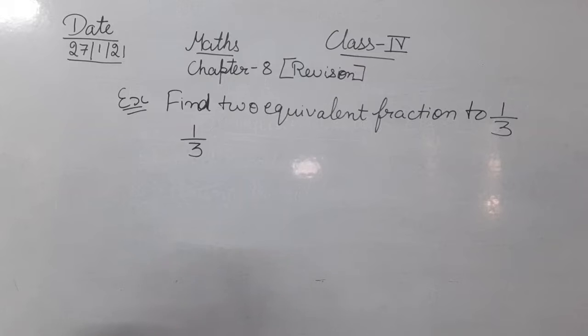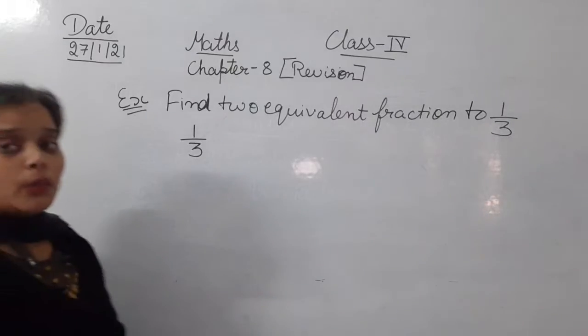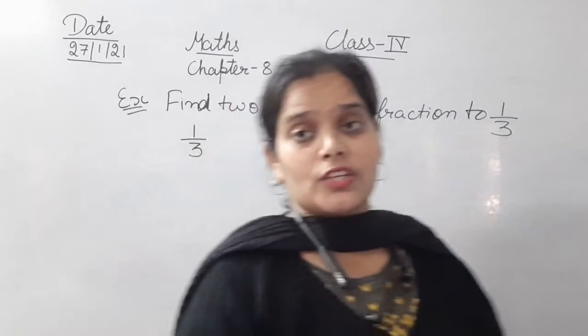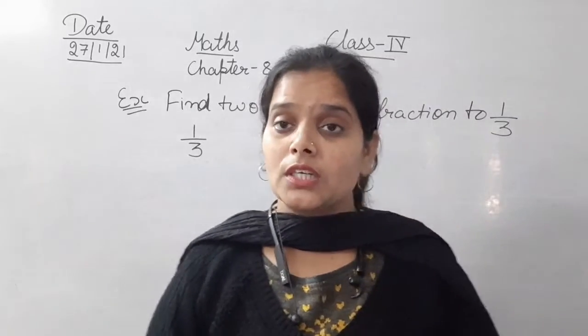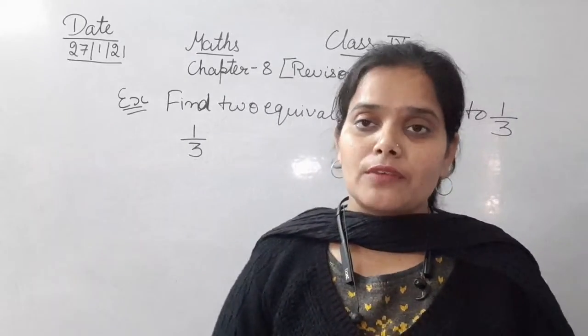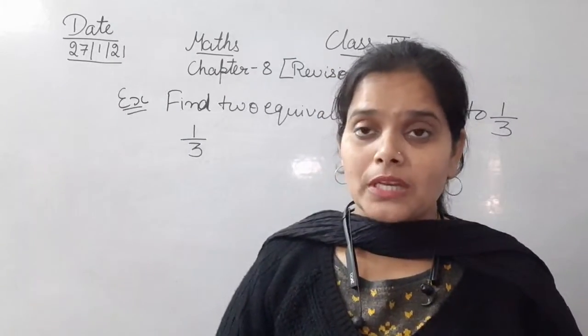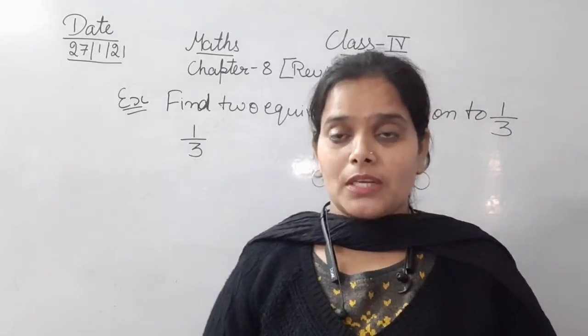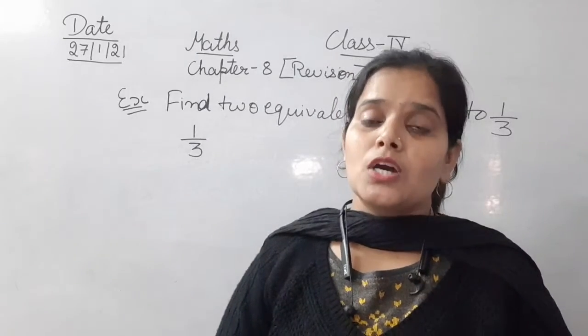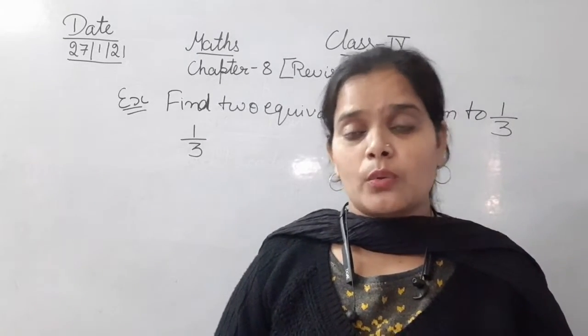तो इसके लिए हम क्या करेंगे बेटा? For finding the equivalent fraction to any given fraction, we just follow the multiplication. हम क्या follow करते हैं? Multiplication. We multiply the numerator as well as the denominator with the same number so that we can find the equivalent fraction.